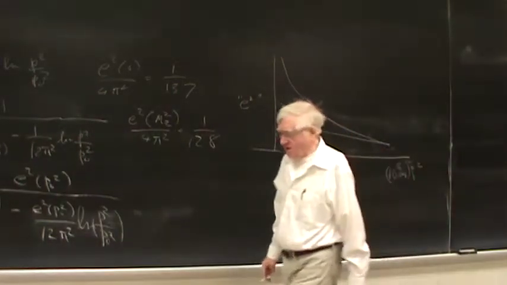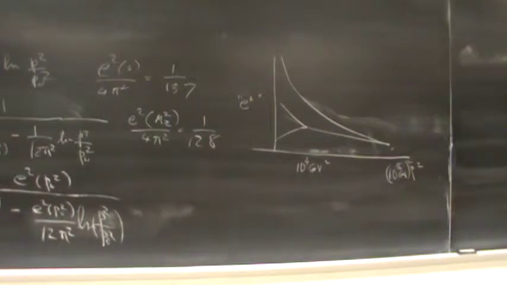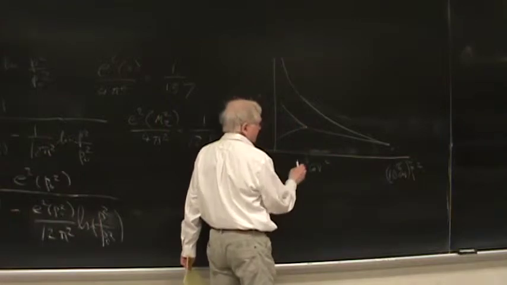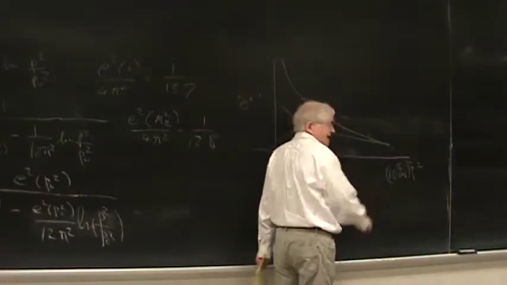But of course, who knows what's lurking there at higher energies. Well, I should say one more thing. You notice that this one goes up, and of course, once it becomes unified in here, it starts going down again.